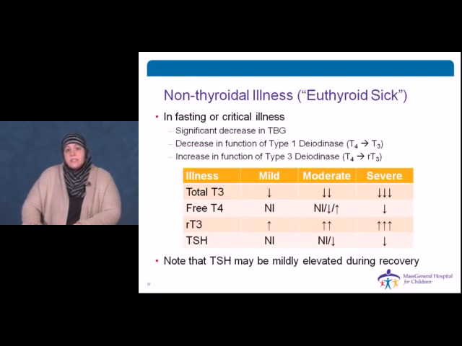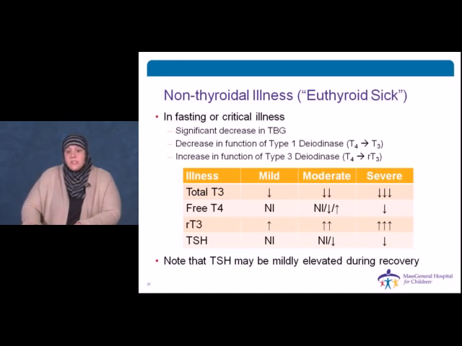So in mild illness, you would see a low total T3 and a high reverse T3, but your free T4 and your TSH would likely remain normal. In moderate illness, you'll see a more significant decrease in total T3, and potentially a decrease in TSH. Reverse T3, as expected, will be high, and free T4 can either be normal or low because of the decrease in total T4, or it can actually be transiently high because of the significant reductions in thyroid binding globulin.